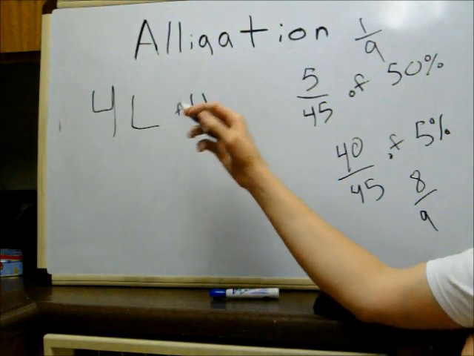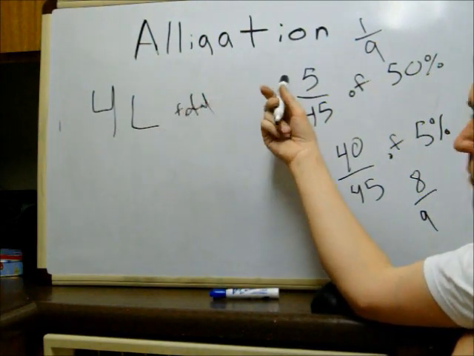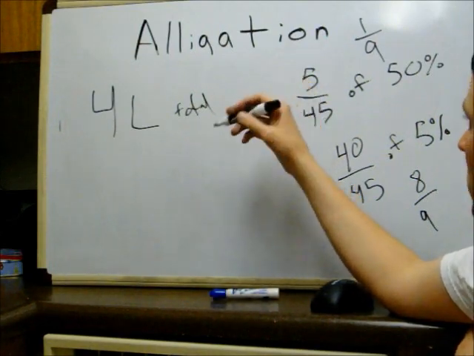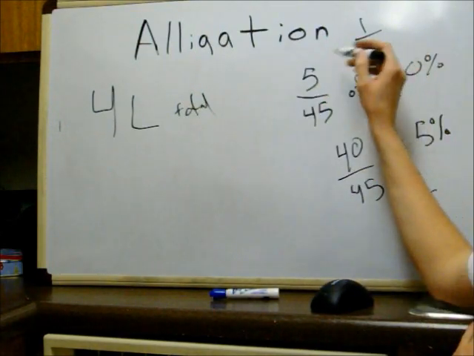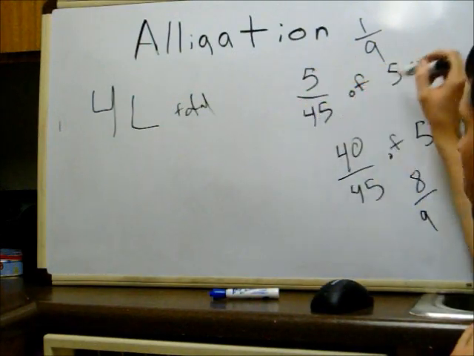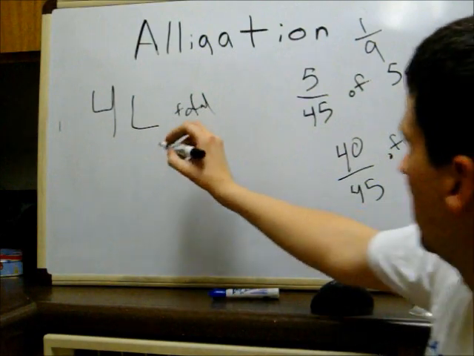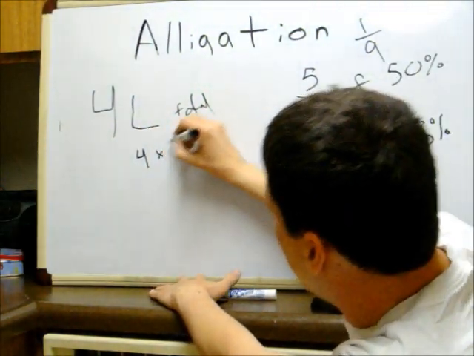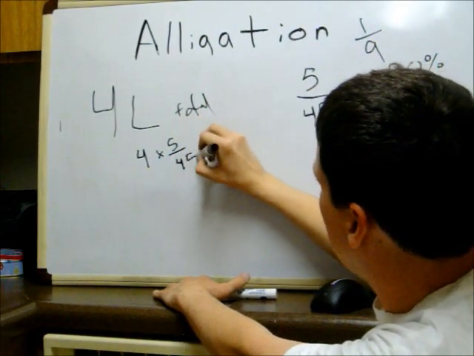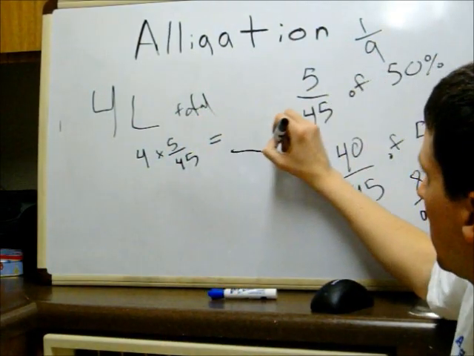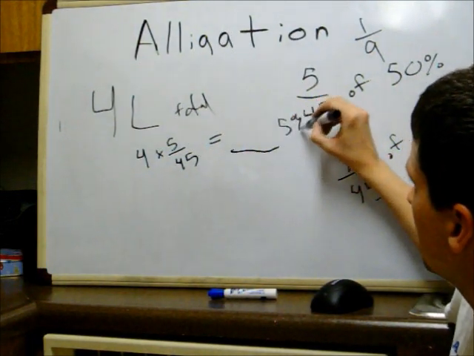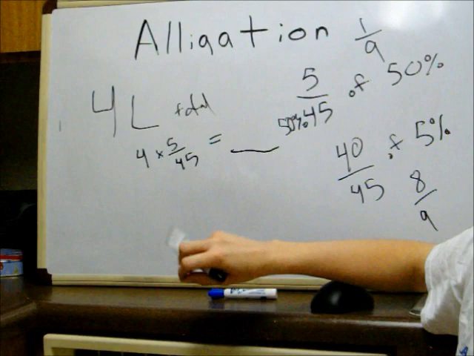Alright, so the next step is to just multiply each number in order to figure out exactly how much we add. So we're going to multiply 4 liters by 5 over 45, or 1 over 9. So that's 4 times 5 over 45, and that equals the number of liters you're going to add of the 50% concentrated.